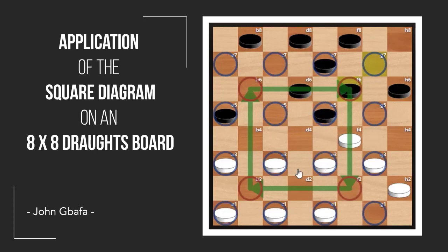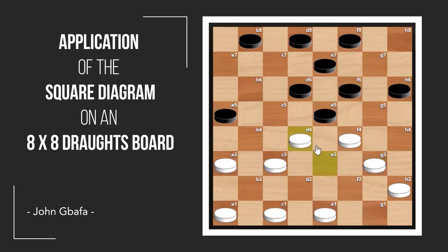Then we see that the center of the square here has these 4 key squares: C5, E5, E3, and C3. So we can take the center of the square so that we control all these 4 key squares. That is why I made this move, E3, D4. So this move was made.